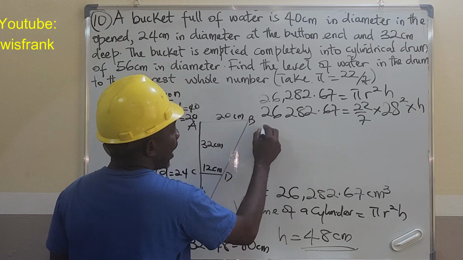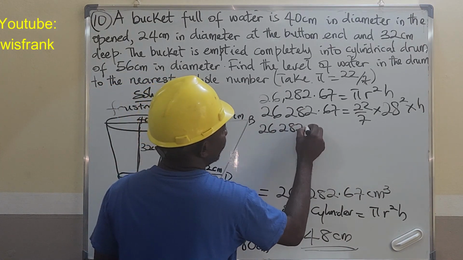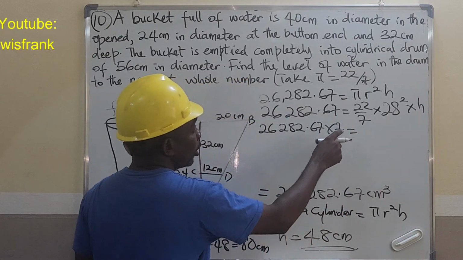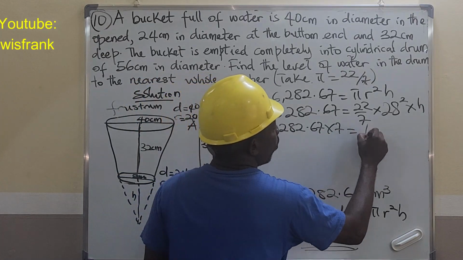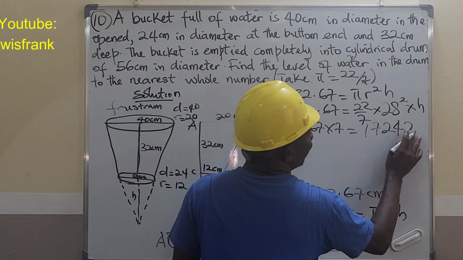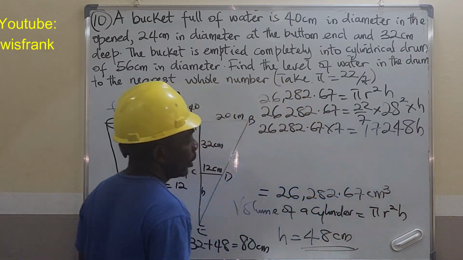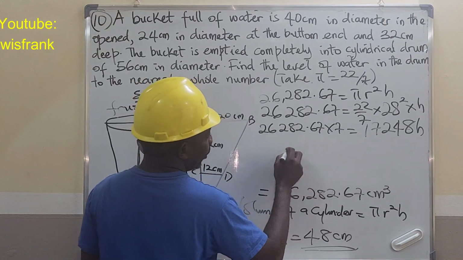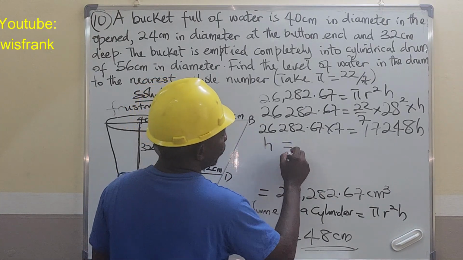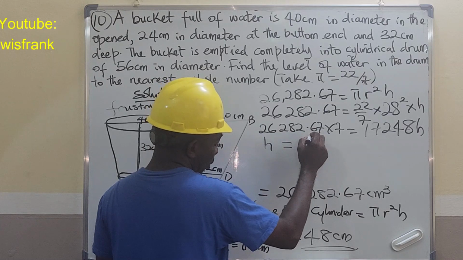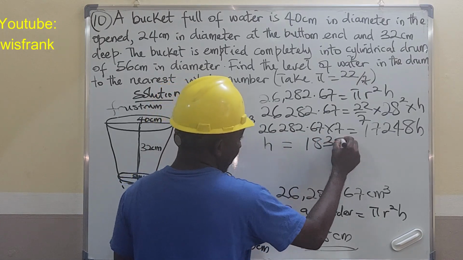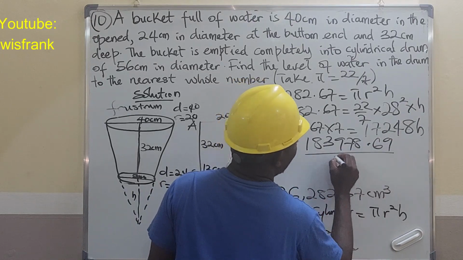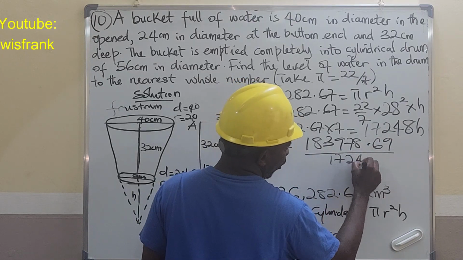So in this case, we have 26282.67 times 7 equals, when we multiply this out, we are going to have 17248h. So here, our value of h, we divide all through by here. So we have our h equals, when we punch this out, 183978.69 all over 17248.